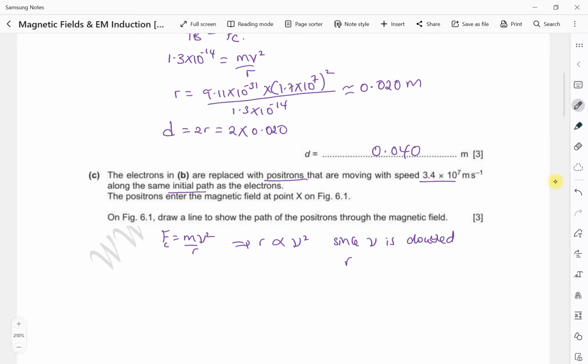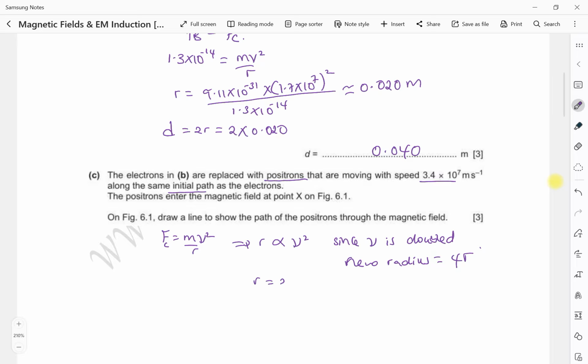So the new radius is going to be 4 times the original radius, because r is directly proportional to v squared. Now that v is doubled, twice v squared is the same as 4v squared. So the new radius is going to be equal to 4 times the old radius.